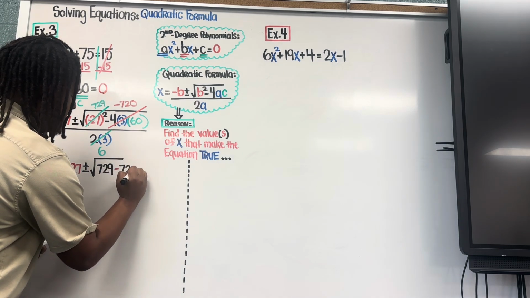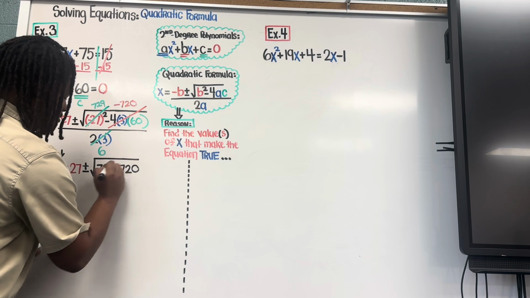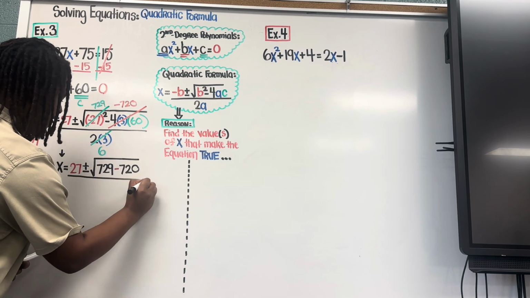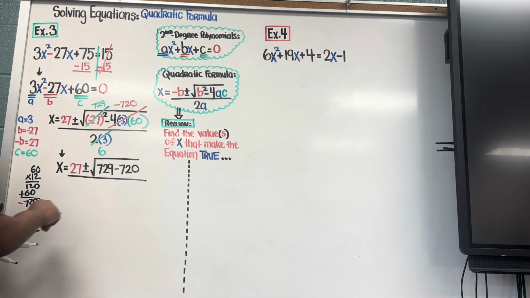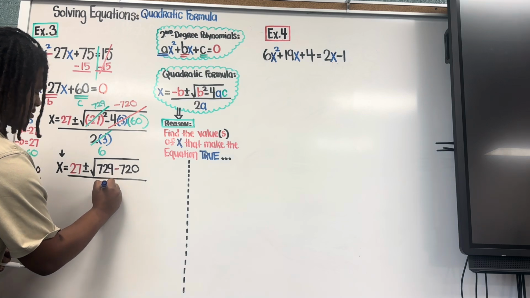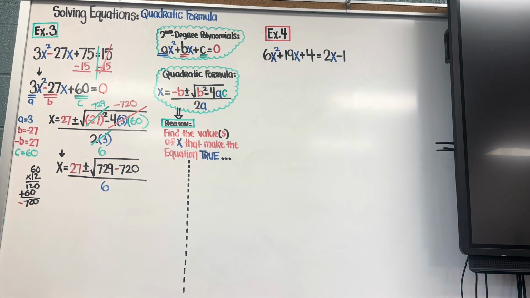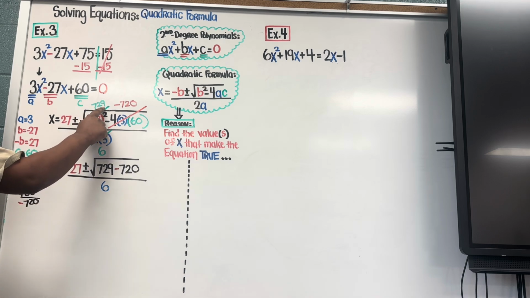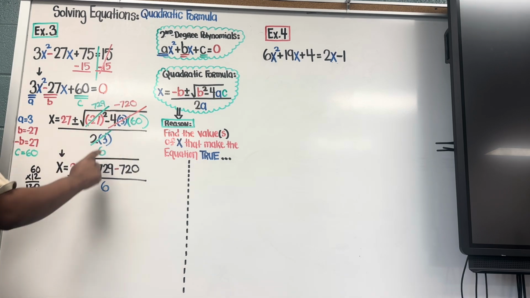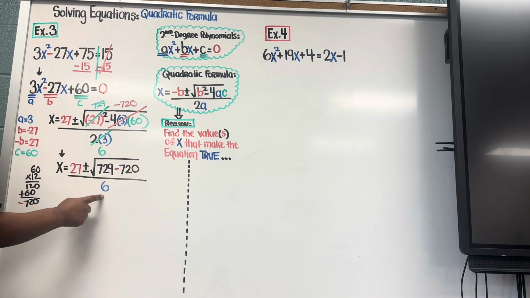That's what we have inside now, all divided by 6. Okay, all divided by 6. That's what we have. Once again, we have the square root of 729 minus 720, all of this divided by 6.